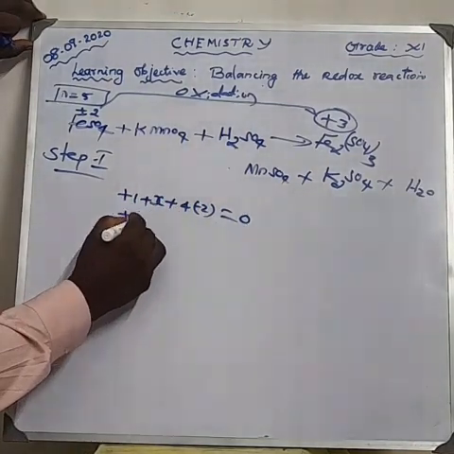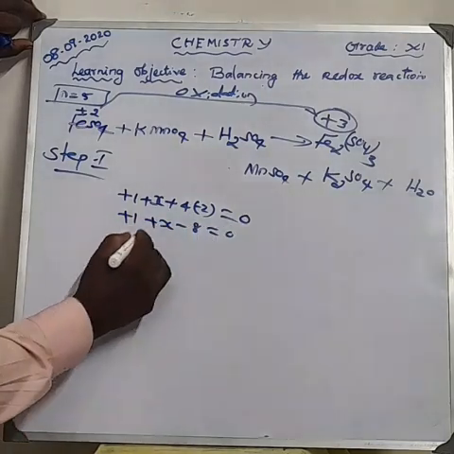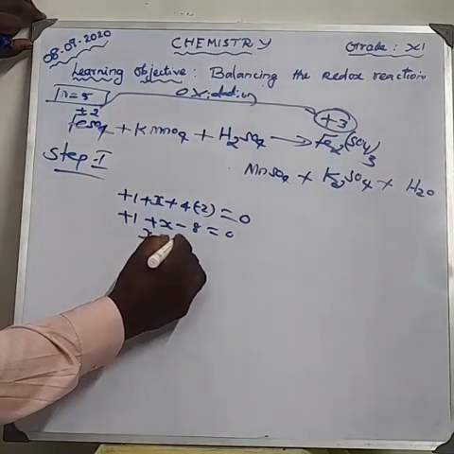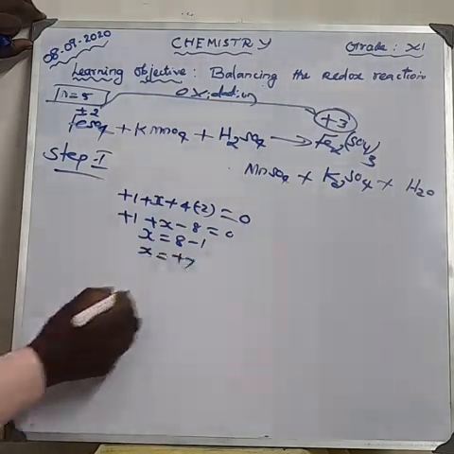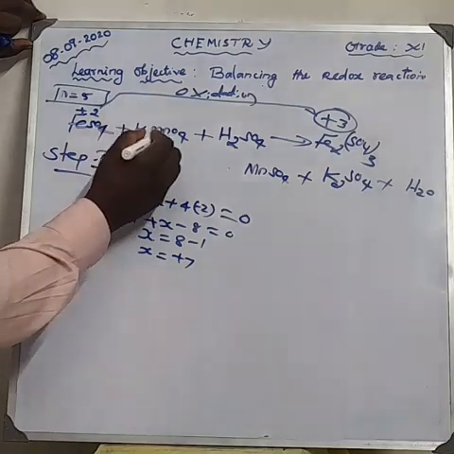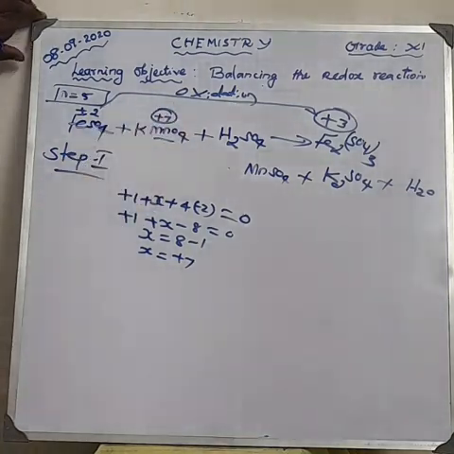Here, plus 1 plus X minus 8 equal to 0. X is equal to 8 minus 1, so X is equal to plus 7. So the oxidation state for Mn is plus 7.